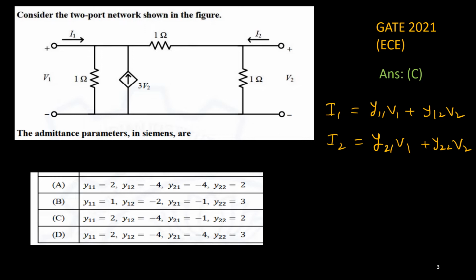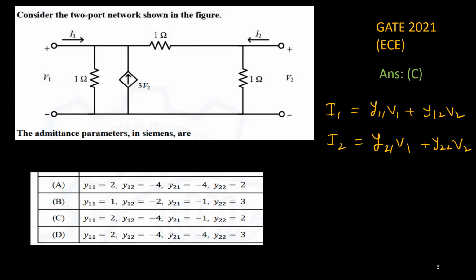So we'll consider this I1, I2, and then we'll find out the exact values of Y11, Y12, Y21, Y22, right? Now before that, in my previous lectures, we have shown that for a pi network we can easily find out the admittance parameters, and that is very easy.